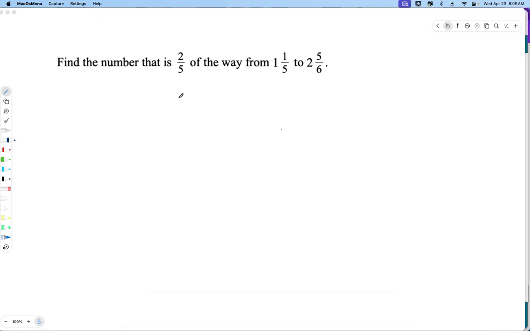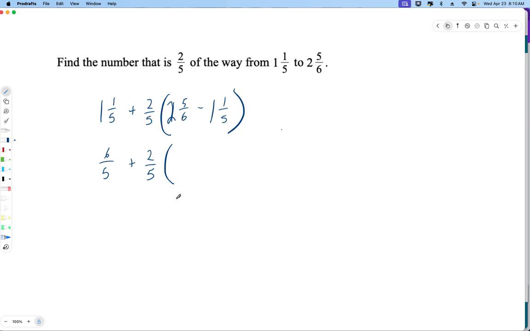All right, we've got the range, the fraction of the range, starting point. So starting point plus the fraction of the range that we want. That'd be 2, 5 over 6 minus 1, 1 over 5. Improper fractions: 6 over 5 plus 2 over 5 times 12 plus 5 is 17 over 6 minus 6 over 5.